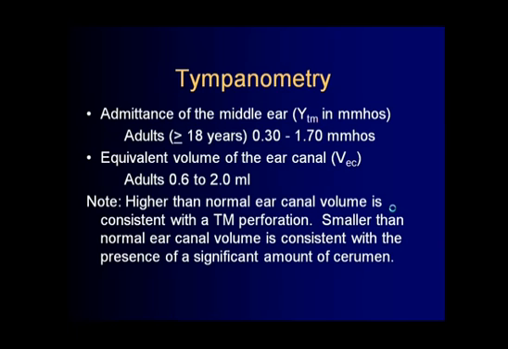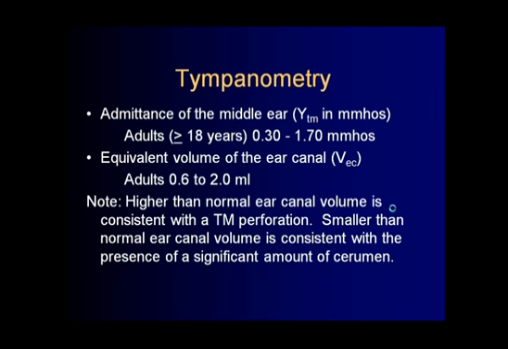So if we saw in our test results that the equivalent volume of the ear canal was greater than 2.0 milliliters, we might have the presence of a perforation or a hole or maybe a pressure equalization tube inside the eardrum. So if you see a large ear canal volume, it might be that the equipment is actually measuring the volume not only of the external ear canal but also of the middle ear, because there is a hole in the eardrum.